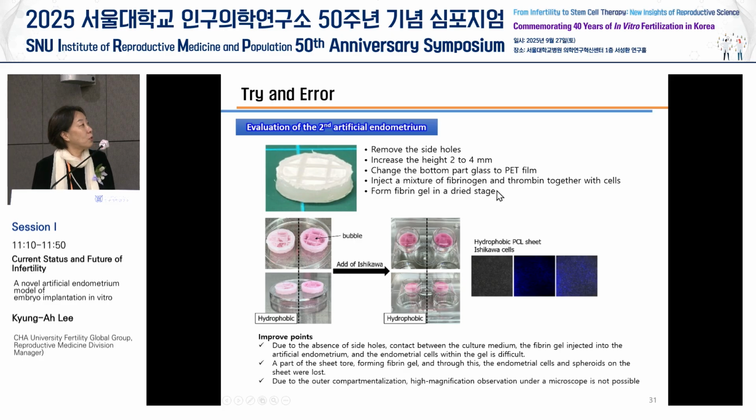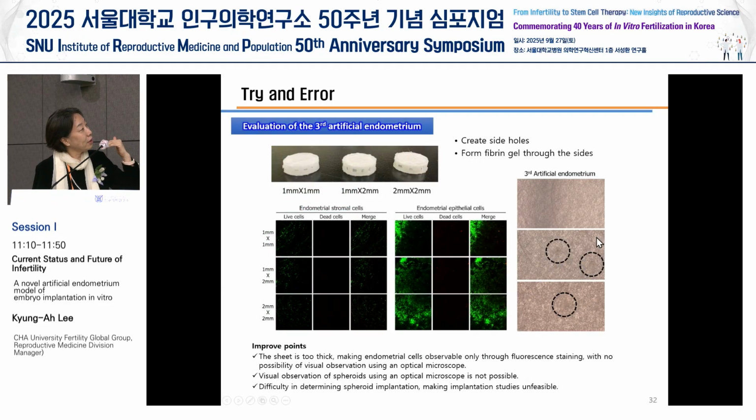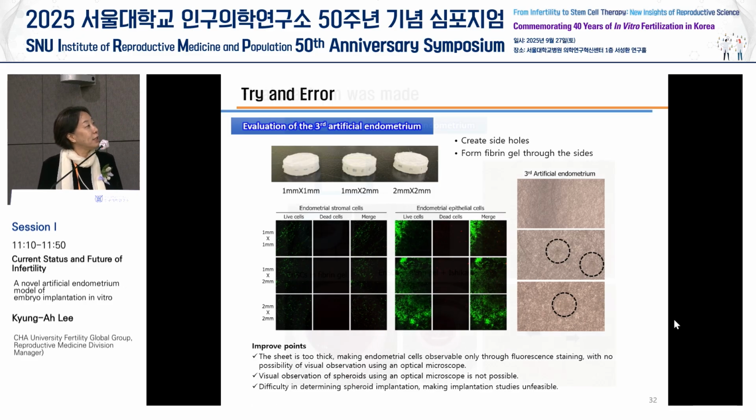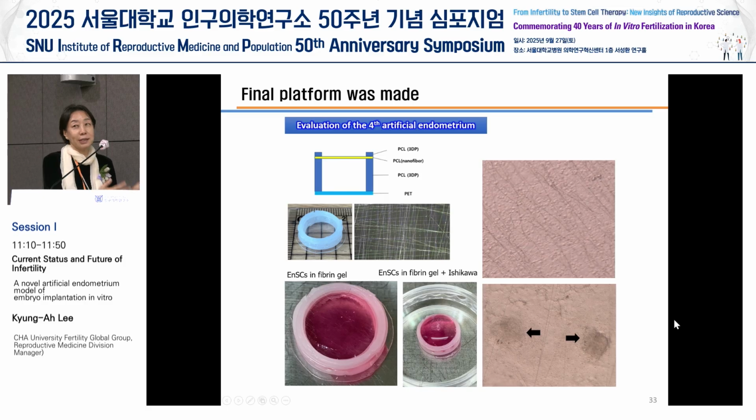So we decided to combine these two factors with the stromal cells. Then a third time, we removed the hole, and again we had a hole, and we changed the heights and the bottom. Finally, we got the structure, very simple.